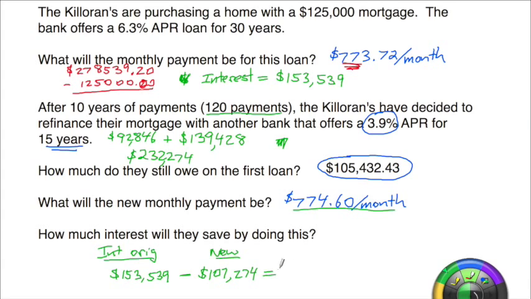So if we subtract this, this is our savings. By refinancing, this is how much money we save. So subtract 153,539, for a grand total of $46,265. Not bad for just refinancing.